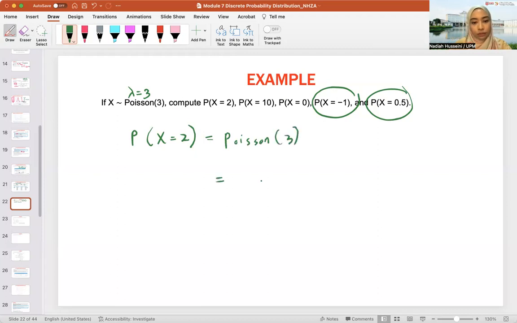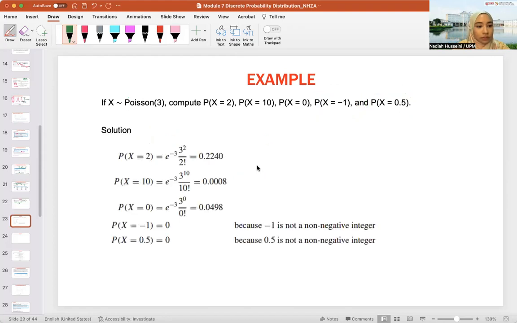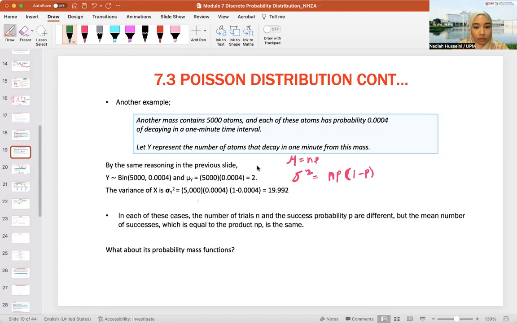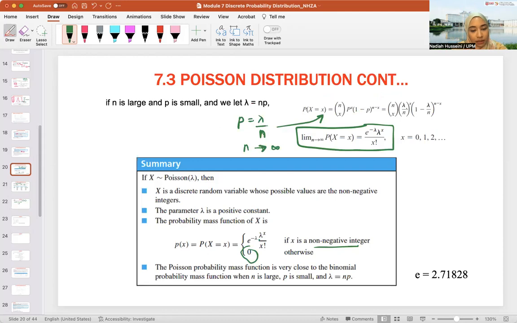So this would be e to the power of minus lambda, my bad, lambda to the power of x over x factorial.